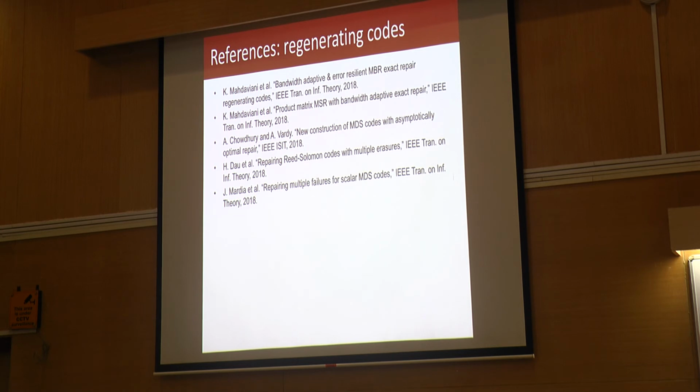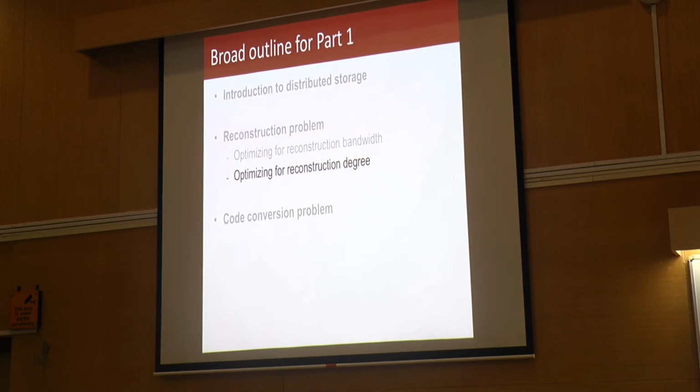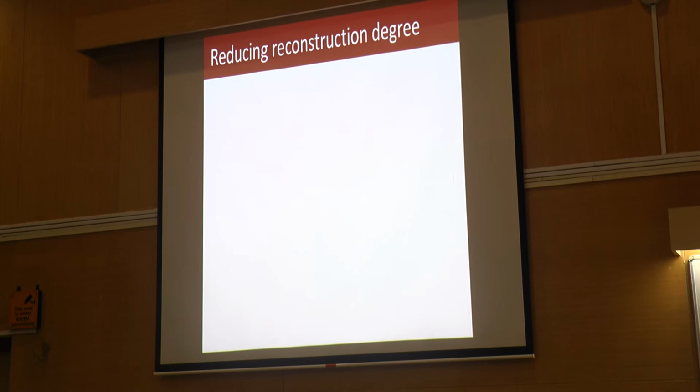Okay, so now very quickly on the second problem in reconstruction, which is the reconstruction degree, which was basically the number of nodes or blocks you access during reconstruction. So in the classical (n,k) MDS codes, we needed to connect to how many, to reconstruct one block that is missing? k, right?